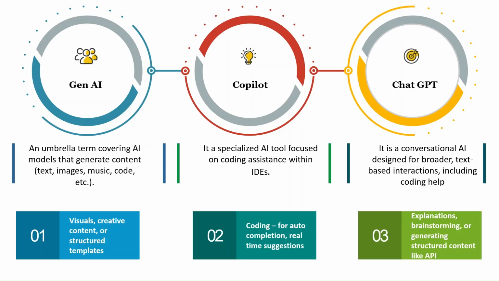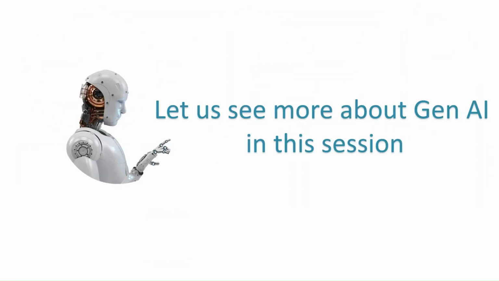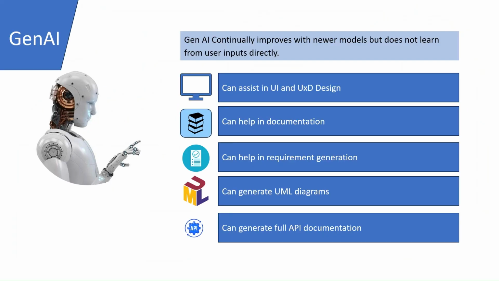In this session, let's concentrate only on GenAI from the next slide onwards and see what the use cases are that are specific to GenAI. And that's what we are going to see in today's session. GenAI continuously improves with the newer models, but it does not learn from user inputs directly.